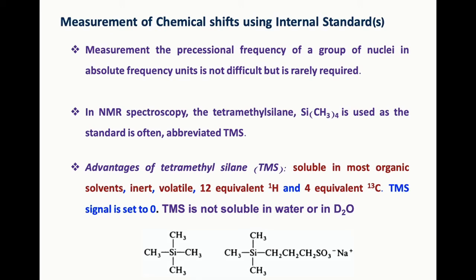Suppose you have measured the 13C NMR spectrum. In that case also we will see an intense signal due to the 4 carbon atoms on the extreme right hand side. That signal also will be fixed to 0, and accordingly the other carbon signals will be automatically rearranged, and then we will measure the chemical shift values.